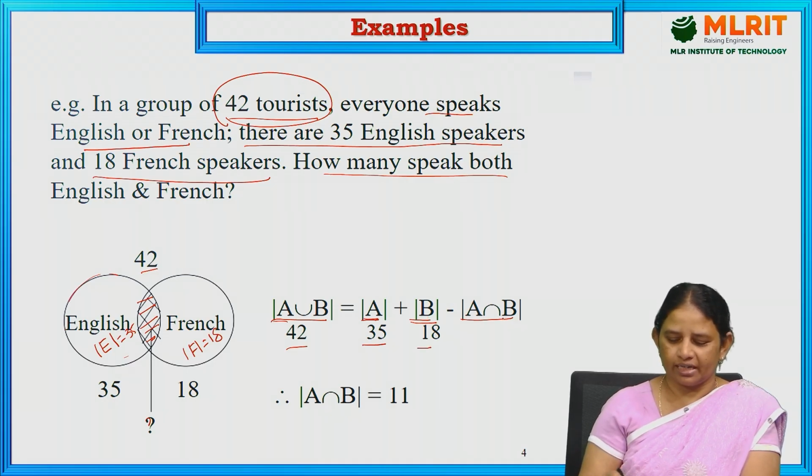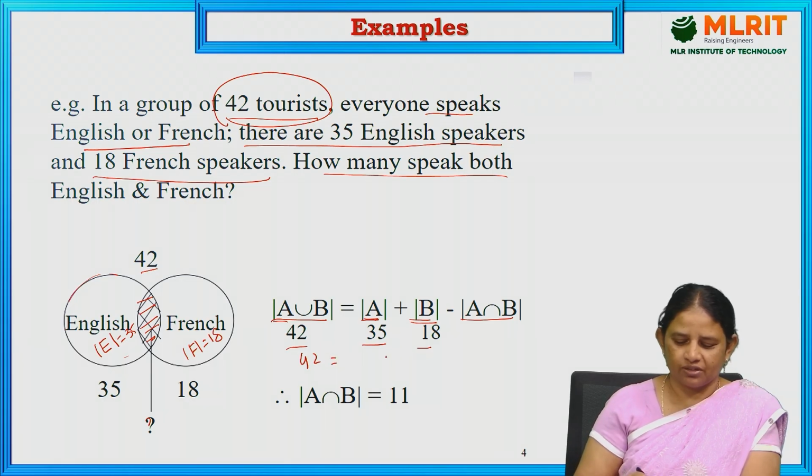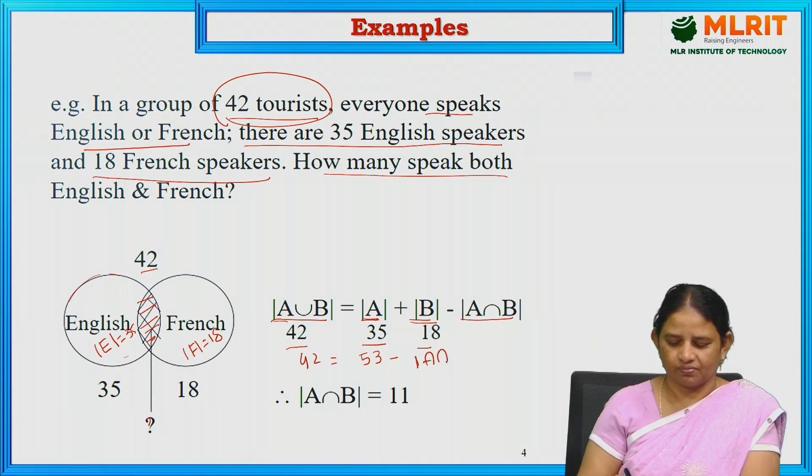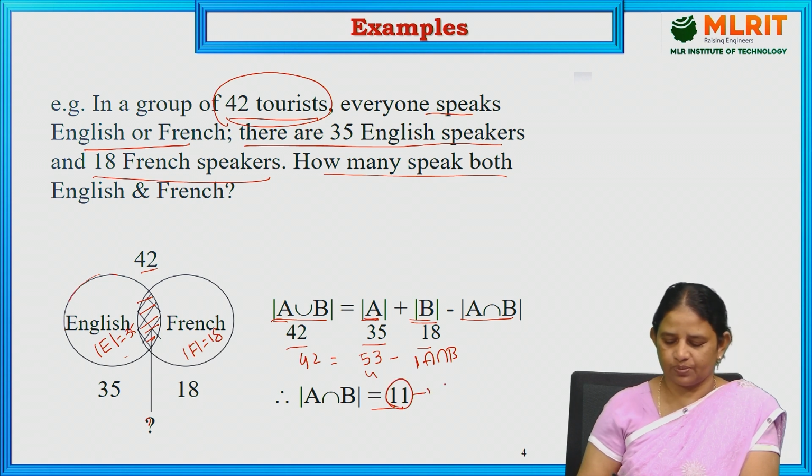We don't know A intersection B. So 42 is equal to 35 plus 18, that is 53, minus A intersection B. Then 53 minus 42 gives 11. That means 11 speakers can speak both English and French. 11 members can speak French as well as English.